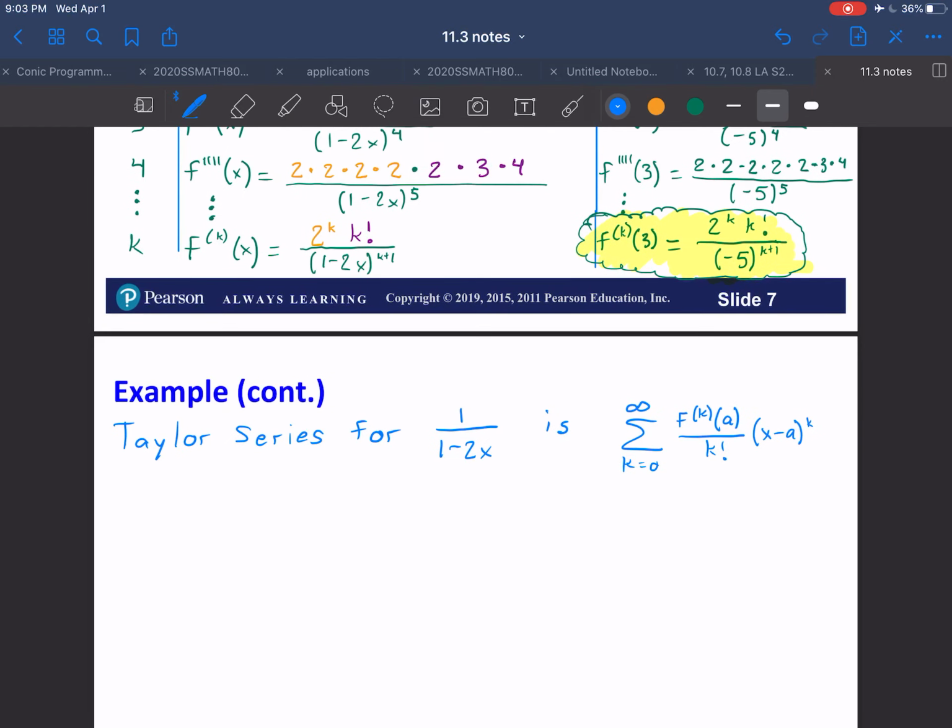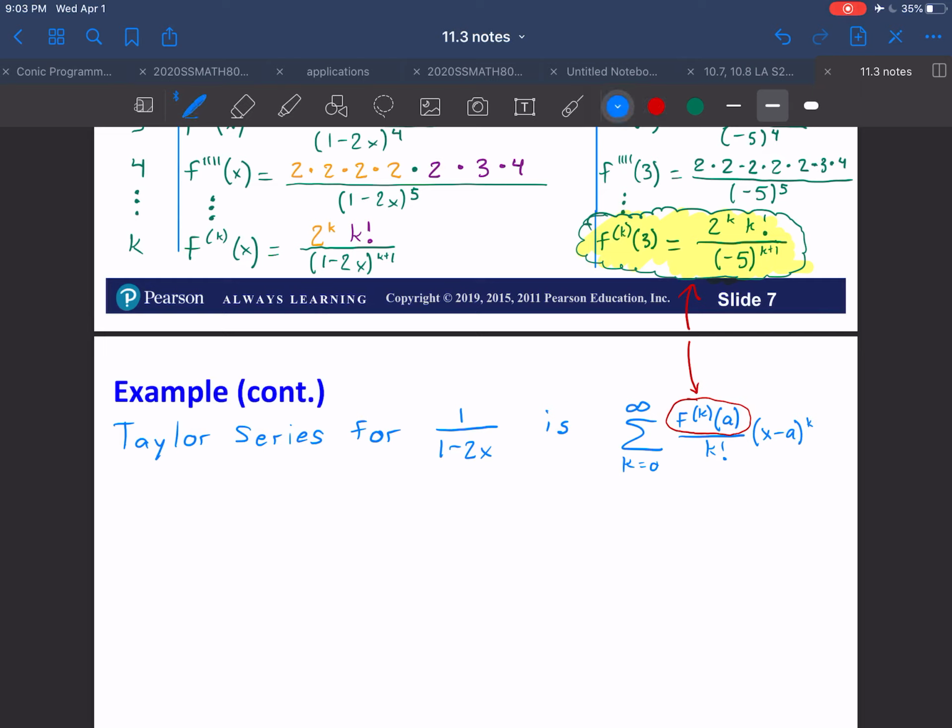So what we have just found is this term. We found this term of our Taylor series, and that was the hard part, was figuring out how to write, in general, the kth derivative of our function evaluated at a inside of our sum.